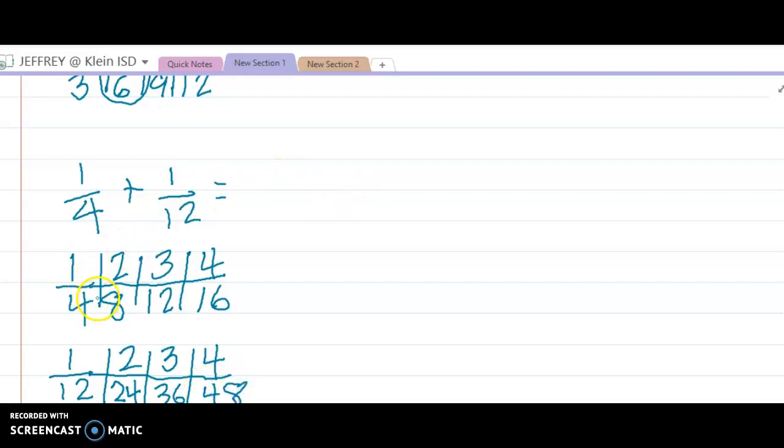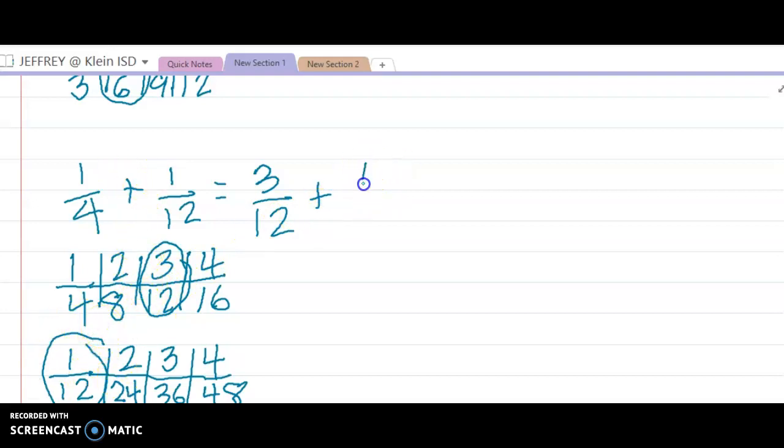So I'm going to come back and I'm going to look for a common denominator, a common bottom number. There's no 4, there's no 8. There is a 12 here and a 12 here. So those are the two I'm going to use. So instead of using 1/4, I'm going to use the equivalent fraction 3/12 plus, I'm going to keep 1/12.